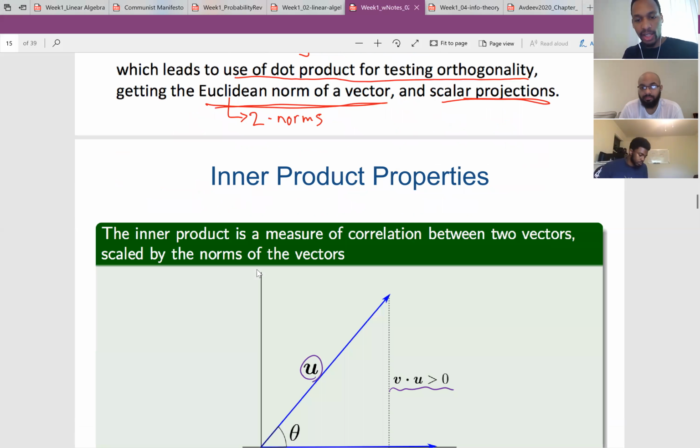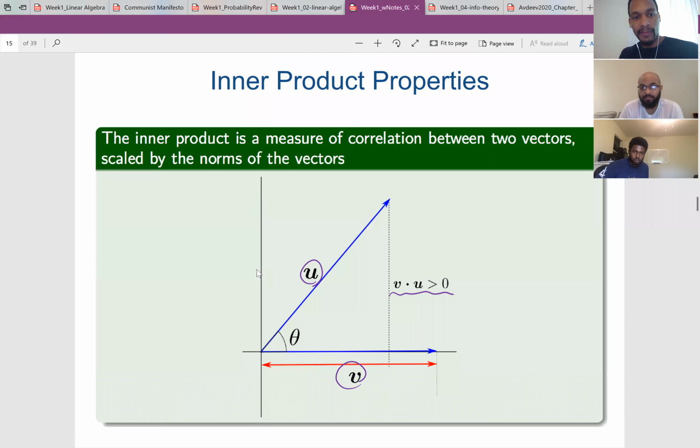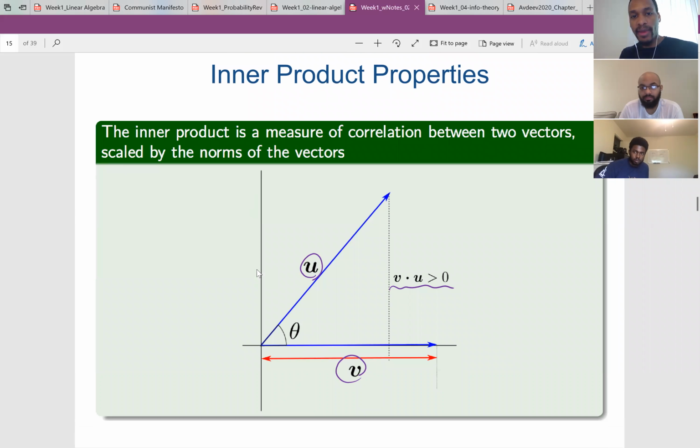In terms of scalar projections, you can always think of the inner product as a measure of the correlation between two vectors scaled by the norms of the vectors.